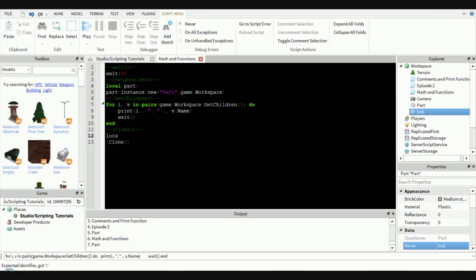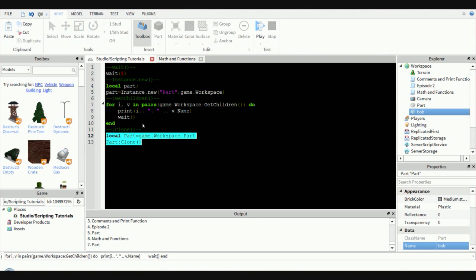So let's do local part so it doesn't misidentify this part as that part. Local part equals game.workspace.part. So we want to clone part, so part:Clone(). Let's see what that does.